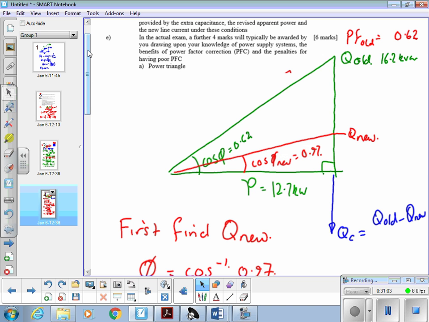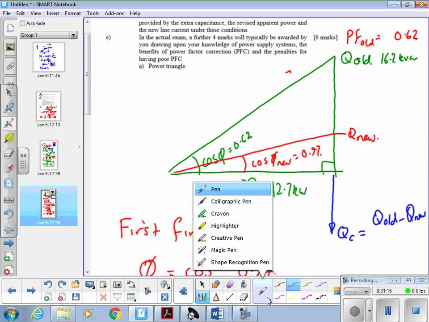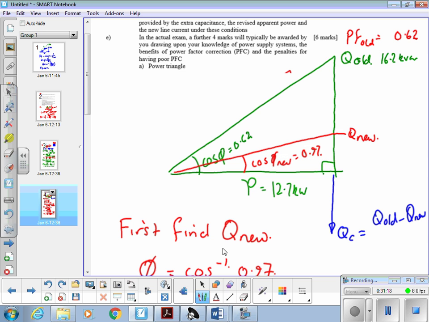You're going to add what's effectively some negative Q down here to pull this line downwards to this new position. And understanding that principle is the key to this question.